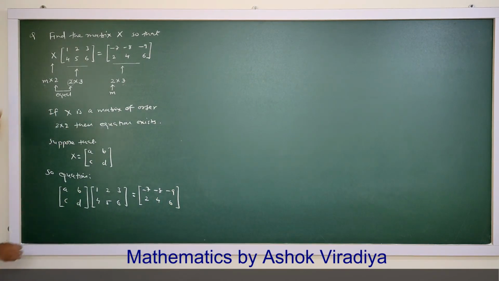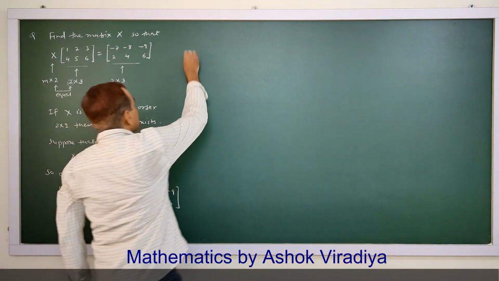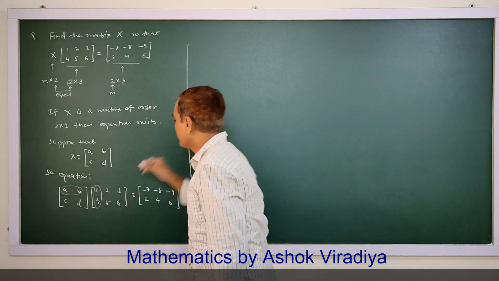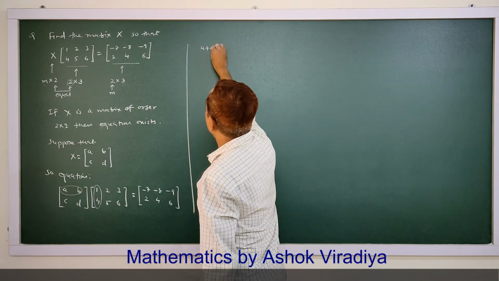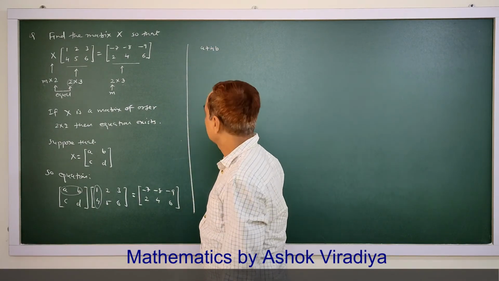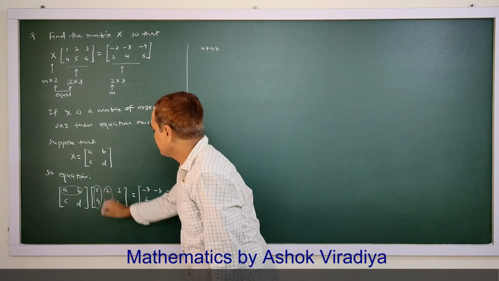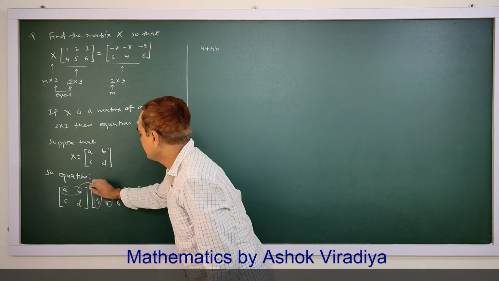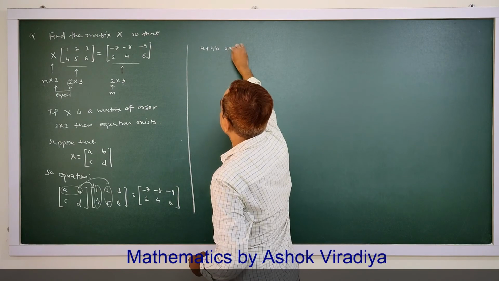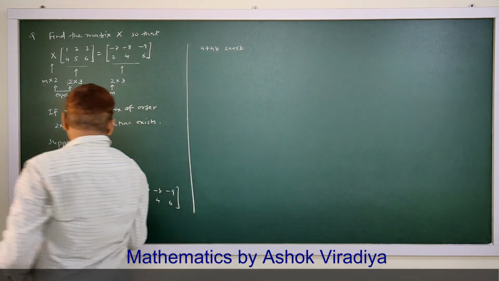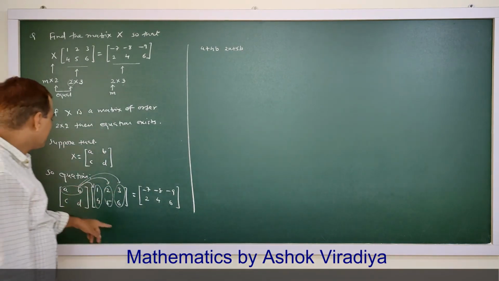Now we solve this equation. So multiplying A, B with these columns, see A into 1 is A plus B into 4 is 4B. A plus 4B. Then multiplying with this column, now with this column, 2A plus 5B. Then with this column, 3A plus 6B.